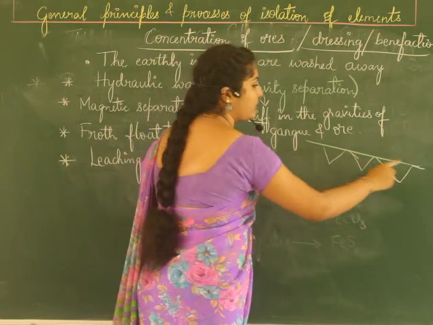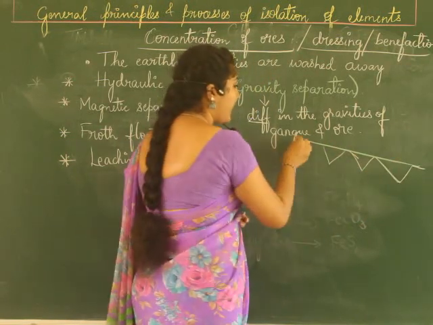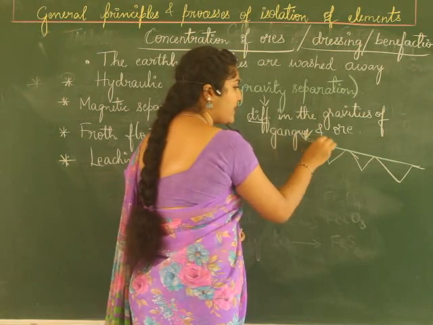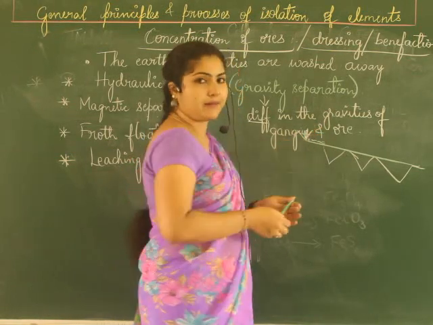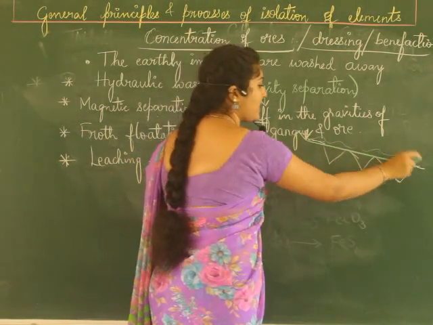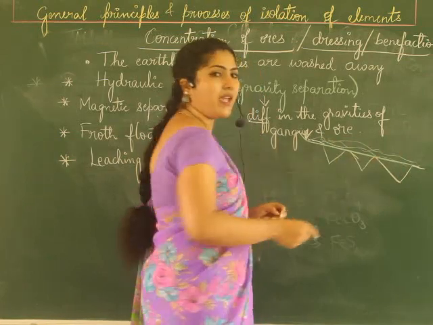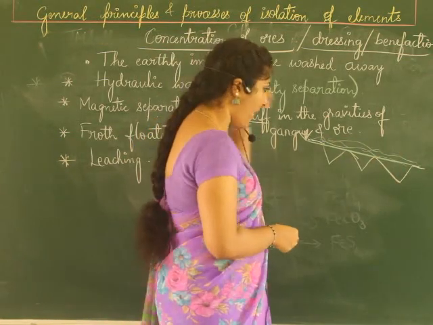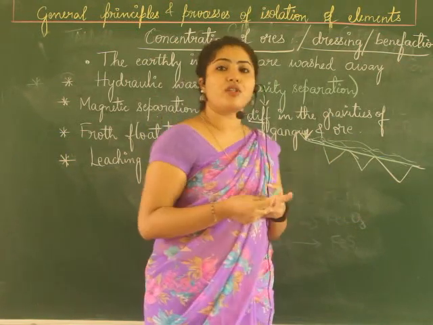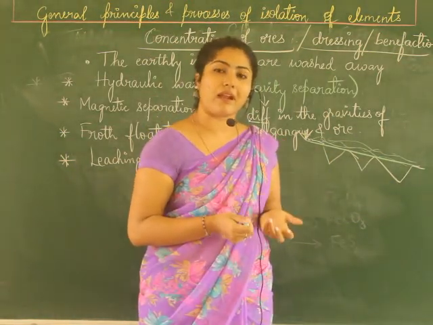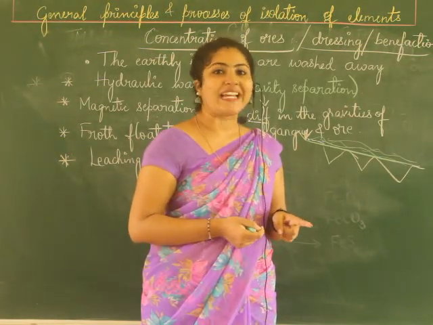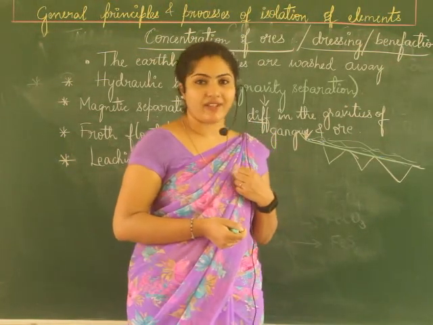Slope where at one end the ore particles are being added, and here a stream of water is passed through that slope. Now what happens? Which one will show more gravitational pull, ore particles or the gangue particles? It is ore particles because they are heavier, right?